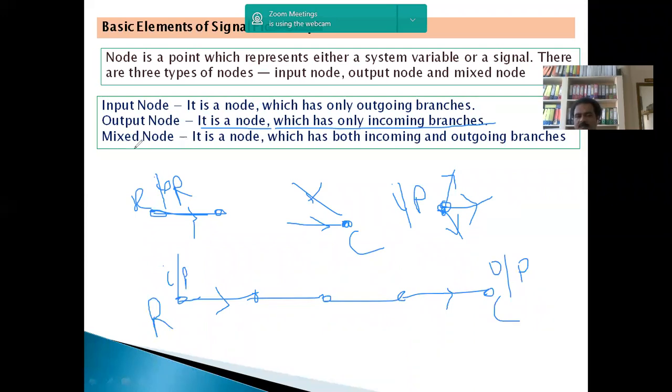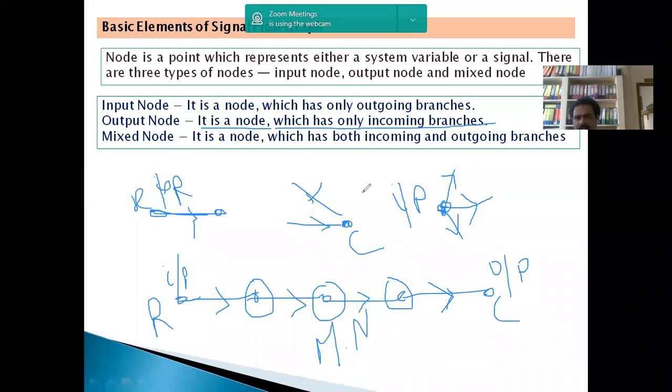Okay, similarly mixed nodes. Mixed nodes are these intermediate nodes, where the incoming branches as well as outgoing branches are present. That is called a mixed node. This is a mixed node where the incoming branch is there and also an outgoing branch.